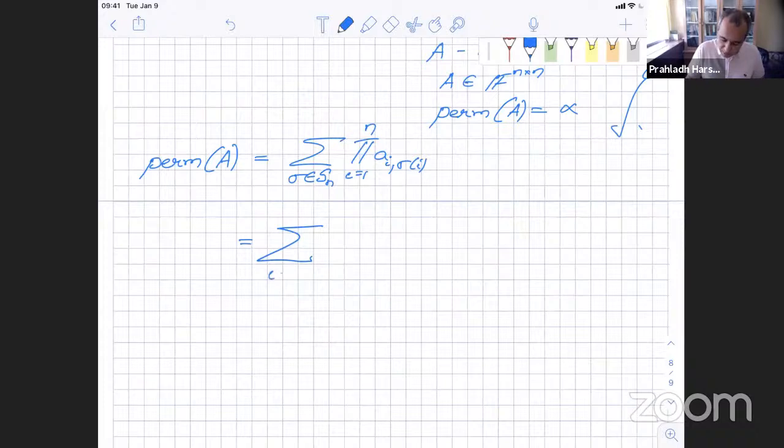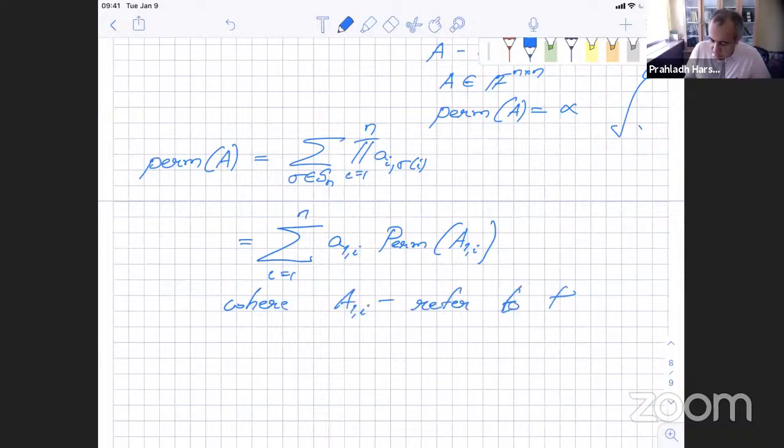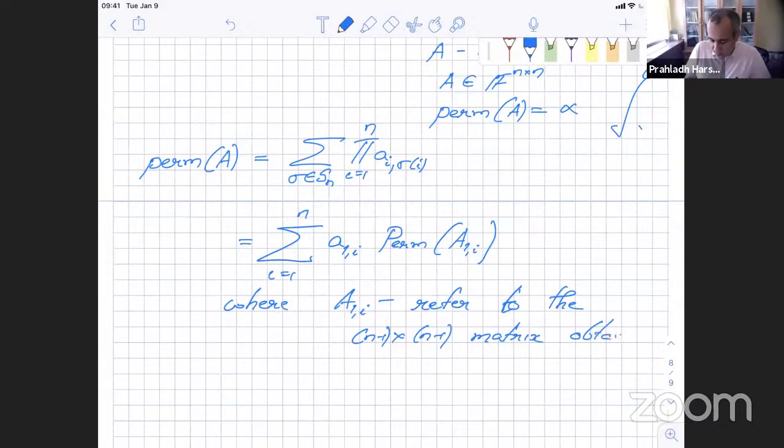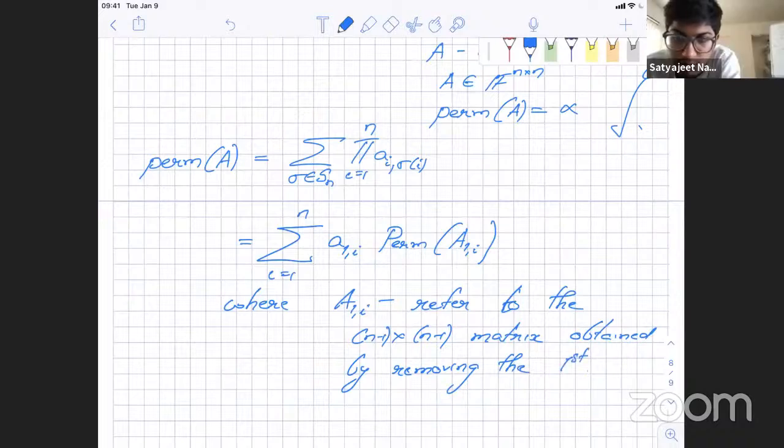You could write this as the sum over i going from 1 to n of A_{1i} times the permanent of the matrix A^{1i}, where A^{1i} refers to the n-1 by n-1 matrix obtained by removing the first row and the ith column.